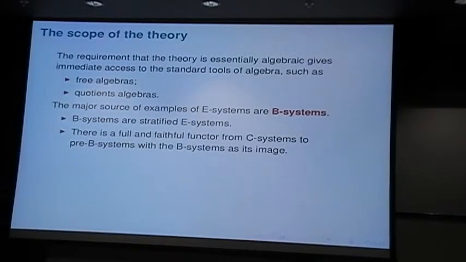The major source of examples, as I mentioned, are B-systems or C-systems. Vladimir recently published a paper in which he proved that every C-system can be seen as a pre-B-system, and the functor which assigns a pre-B-system to a C-system has precisely the B-systems as its image. So this is work of Vladimir.